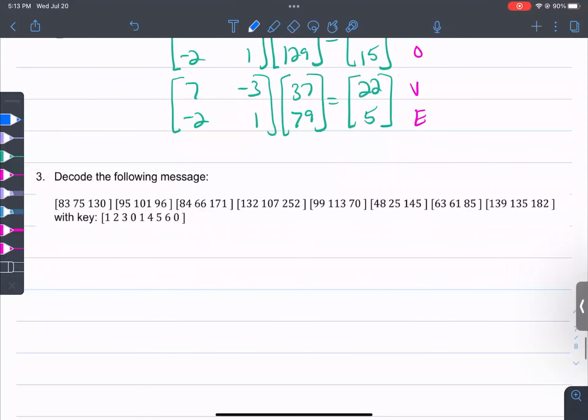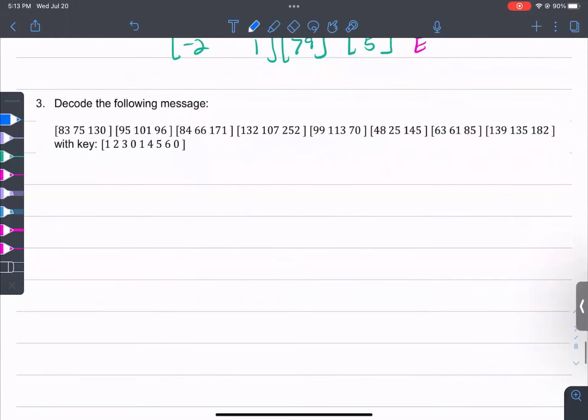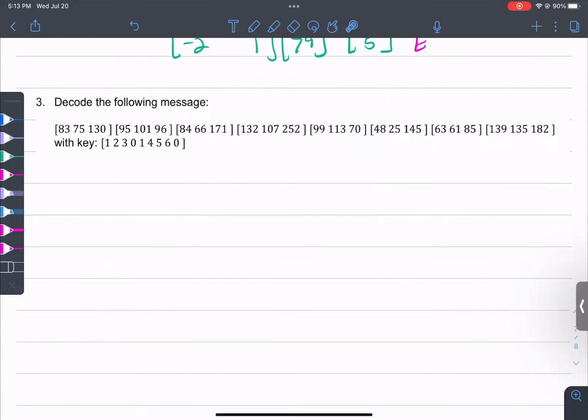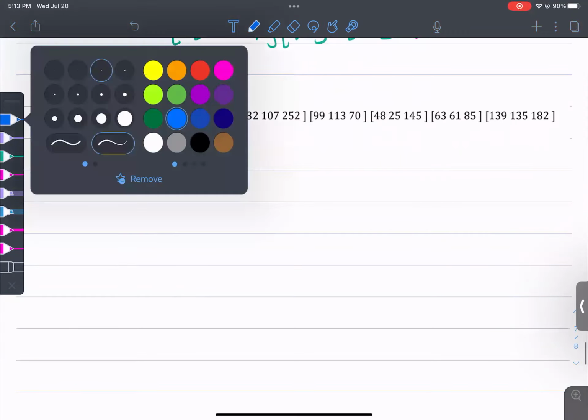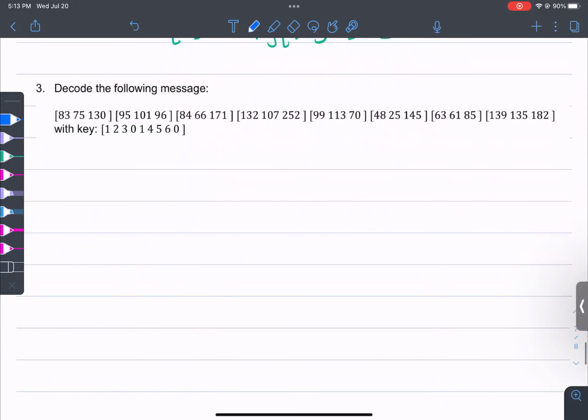So our final problem from the word problem pages is to decode this message. It didn't exactly print in the proper form, so let me show you what it's supposed to look like. The message is supposed to be 3 column matrices like we had on the other problem. So the matrices are correct.